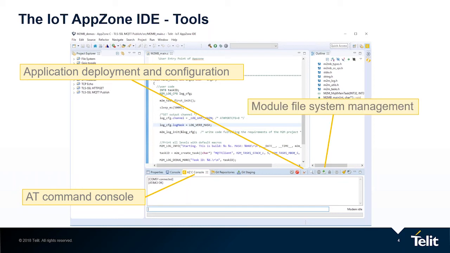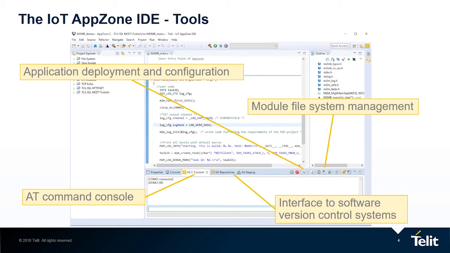How to interface with the module file system and manage the files on it. And we also have the possibility to interface with software versioning systems like Git. And lastly, the possibility to use debug tools directly from the SDK. So you can interface with the JTAG target tools directly starting from the SDK itself.